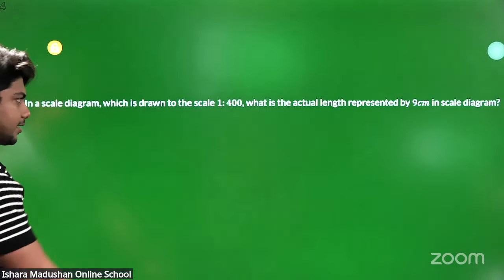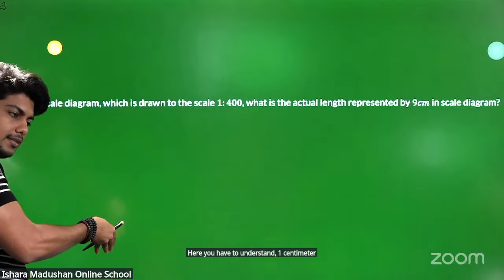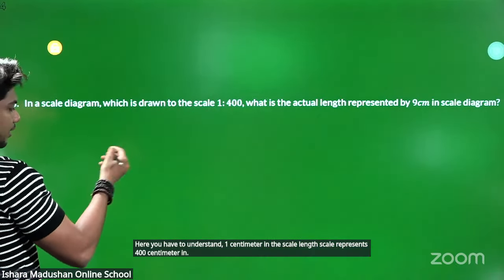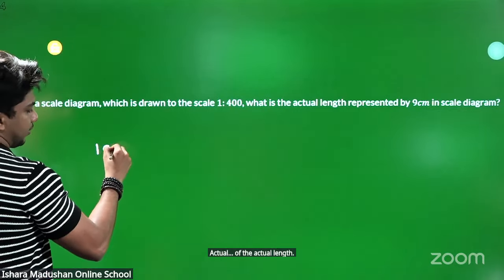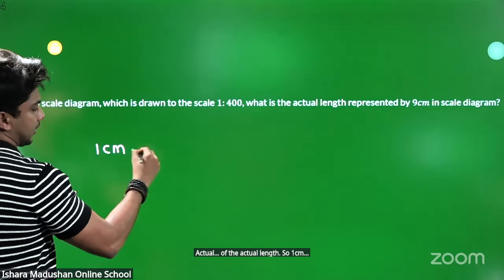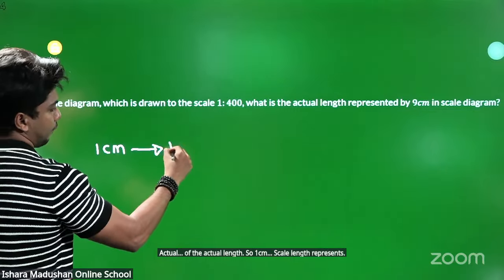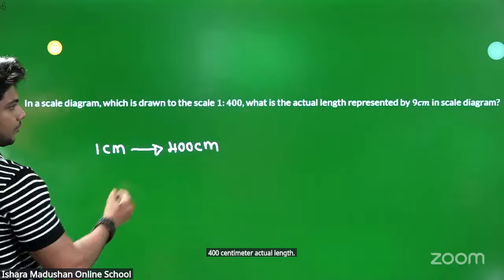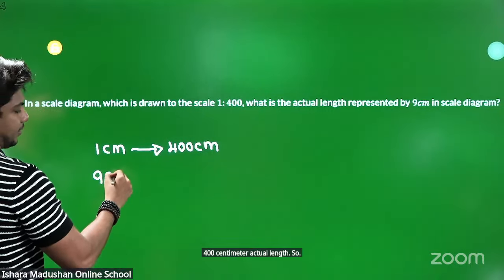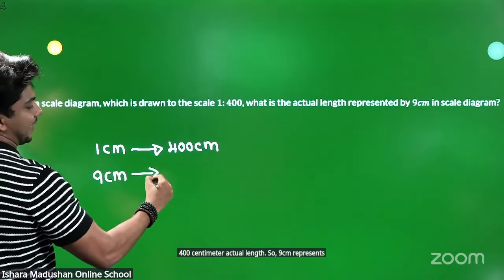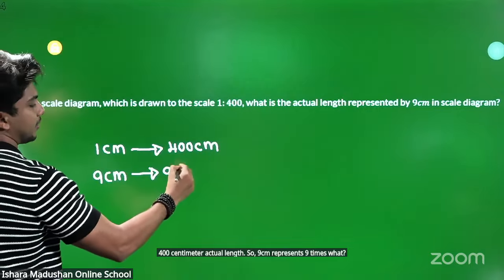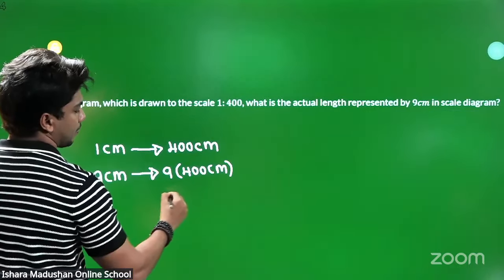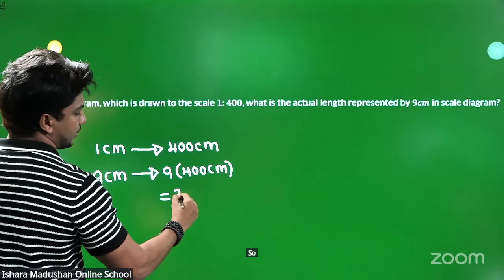Here you have to understand 1 centimeter in the scale represents 400 centimeter in the actual length. So 9 centimeter represents 9 times what 1 centimeter represents. So 9 into 4, 36 and two zeros.